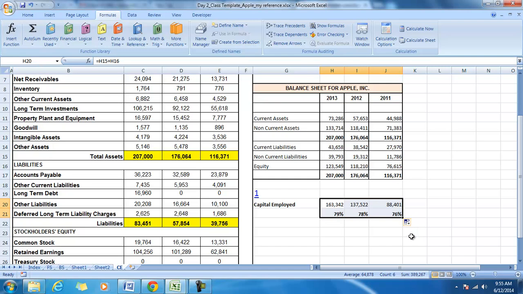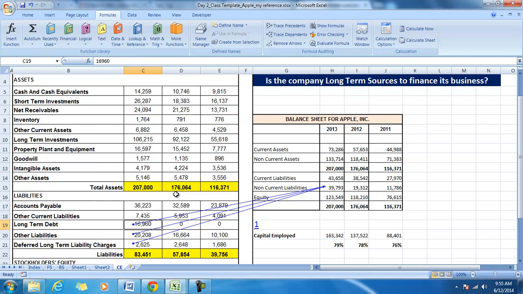sources of Apple. And in the year 2013, it has gone up slightly, maybe because there is an increase in the non-current liabilities. And let us see what this non-current liability is. We can see that a significant increase in the non-current liabilities is due to the long-term debt that Apple took in the year 2013, which was not there.